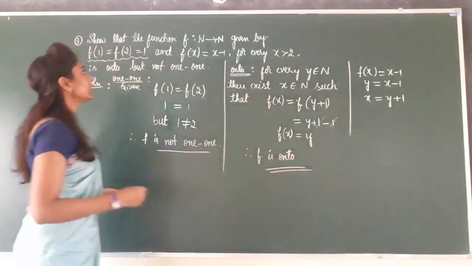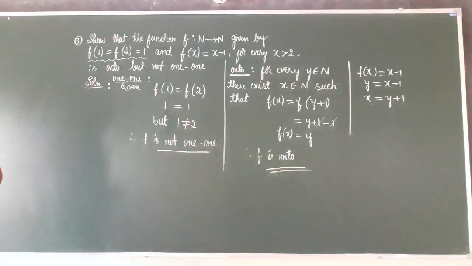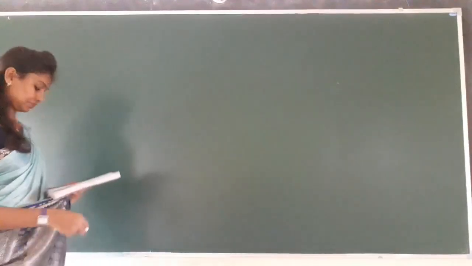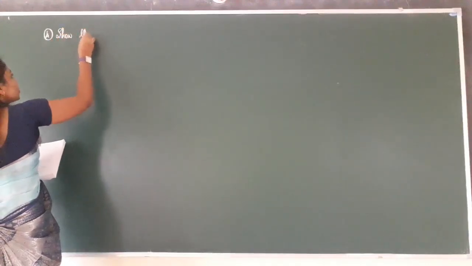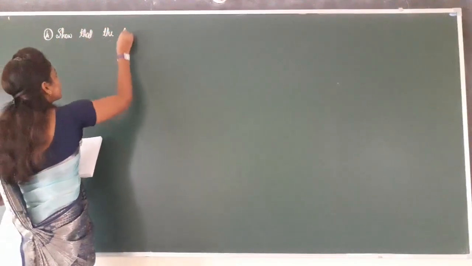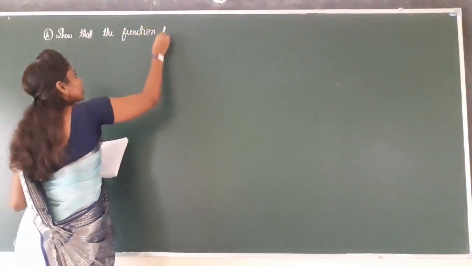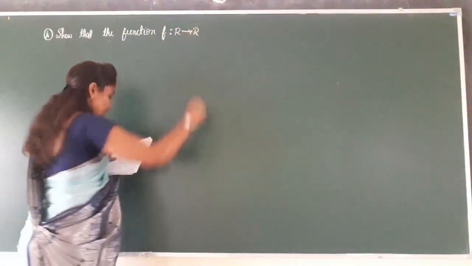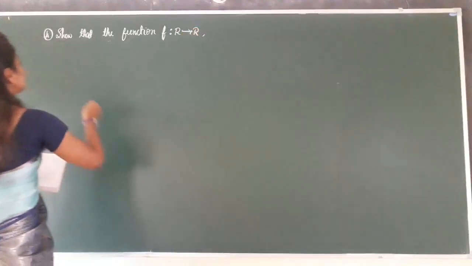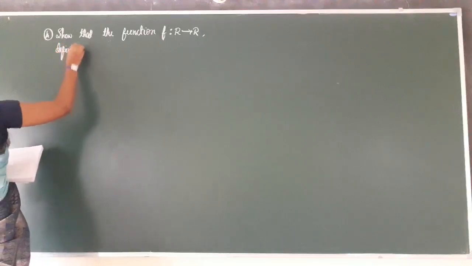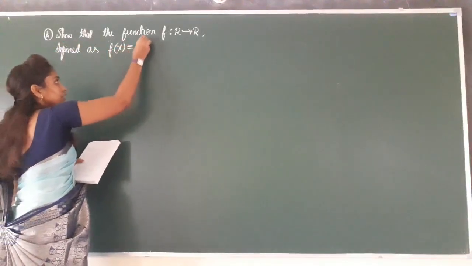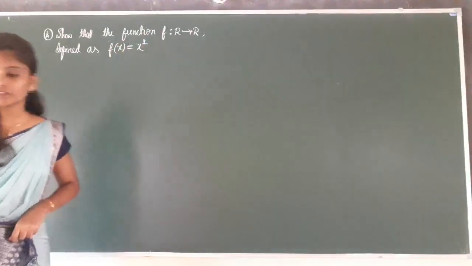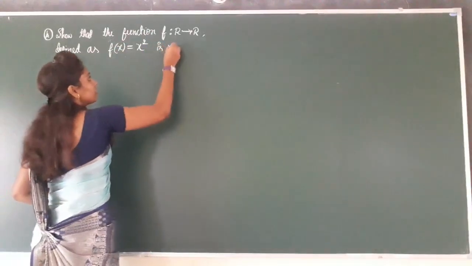Now move on to the next problem. Now the fourth question is, show that the function f from real numbers to real numbers, R to R, defined as f of x is equal to x square, is neither 1-1 nor onto.